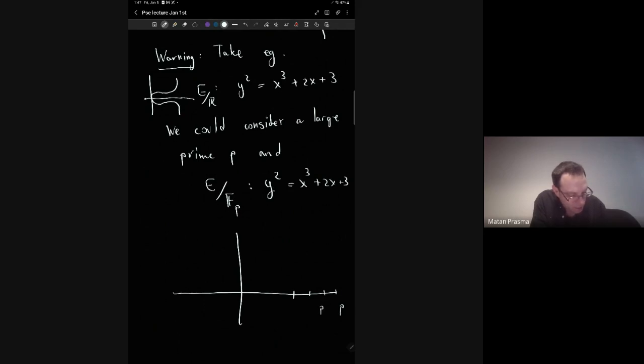This would be P minus 1 and so on. This would be 1, and you do the same in the y-axis, and you plot the discrete version of the solution set over FP. It would not by any means be some discrete subset of the graph of E over R.